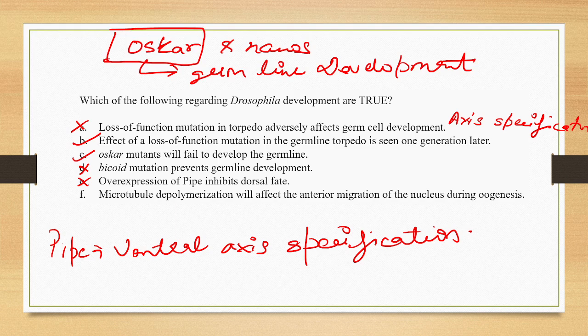So if there is depolymerization, it will prevent the migration, and this will ultimately affect the establishment of the anterior posterior axis. So this is also correct.